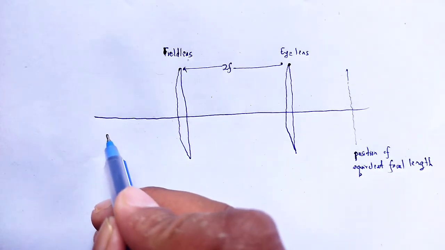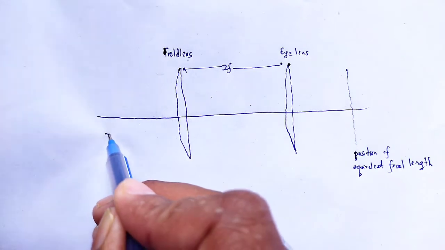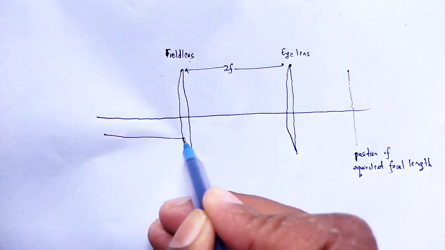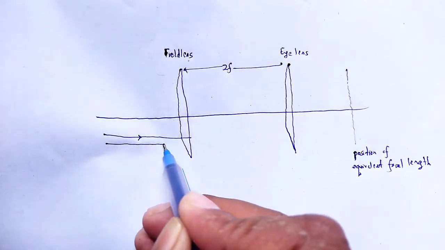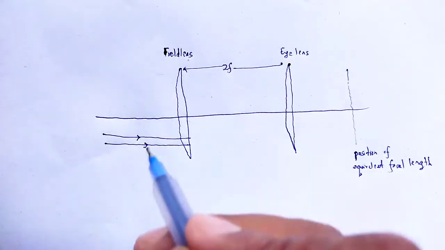So, the rays are coming from the objective to the field lens.